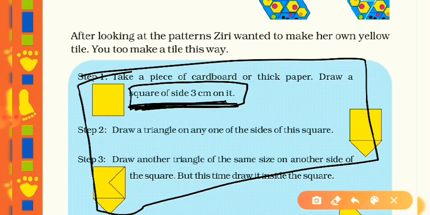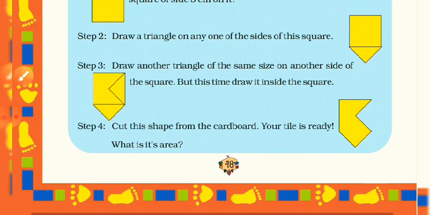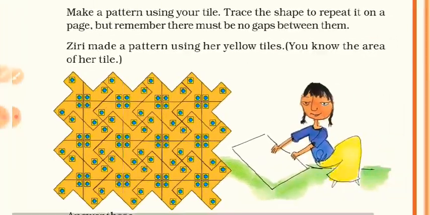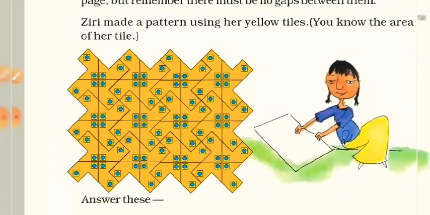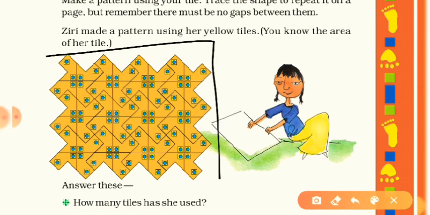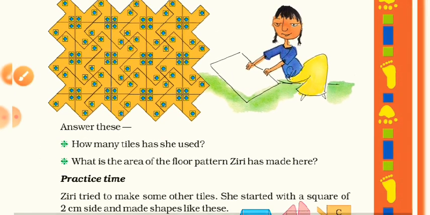So the length of one side of this square is 3 centimeters. Remember that. Okay, now in the next page, finally Ziri has made a beautiful tile pattern here. You can see it in yellow color, and now we have to find its area. And also we have to find how many tiles are used.